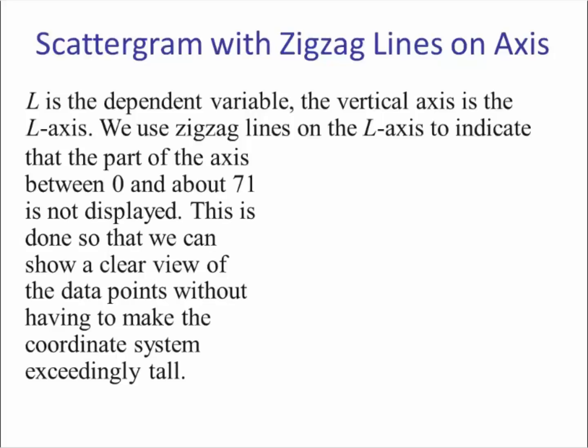We'll use a zigzag line on the L axis to indicate that the part of the axis between 0 and about 71 is not displayed. This is done so we can show a clear view of the data points without having to make the coordinate system exceedingly tall.